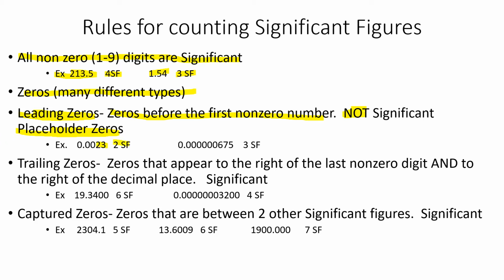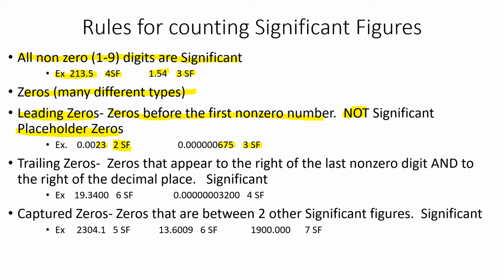That's where we get our two significant figures from. In the number 0.000000675, all of those zeros are leading zeros. Those are not going to be significant, so our only significant figures in this would be the 6, the 7, and the 5, and we would wind up with 3 significant figures.